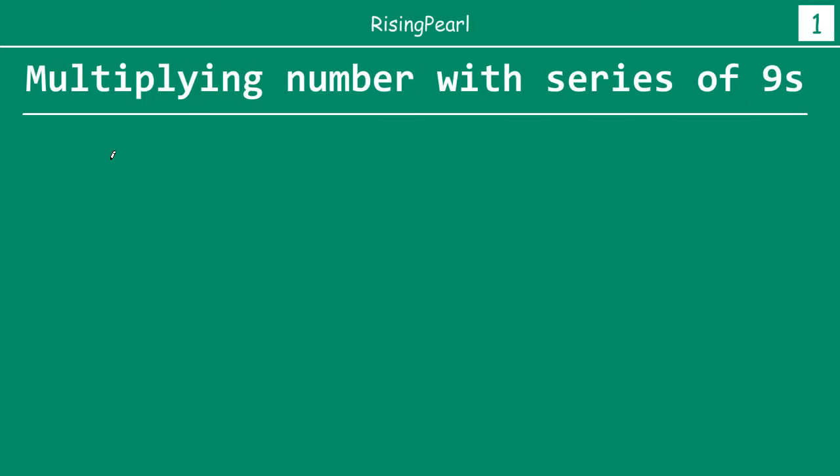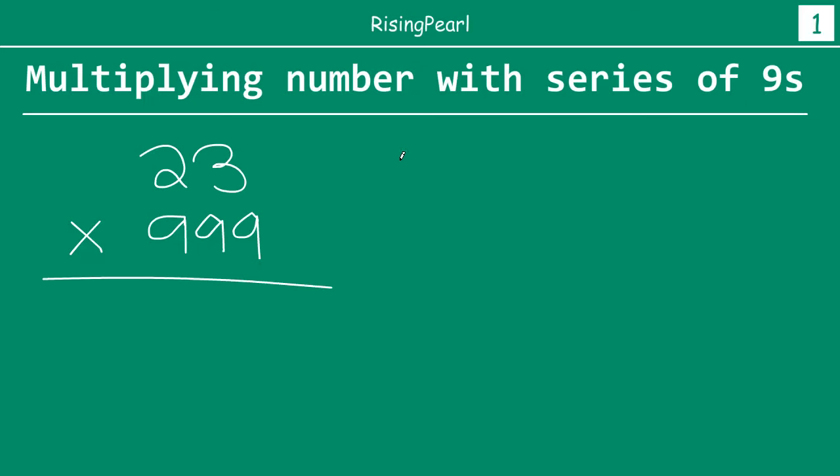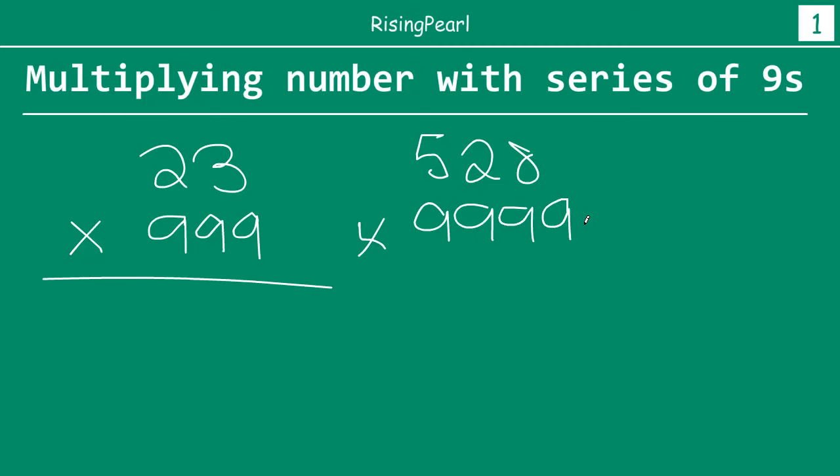Now today we are going to focus on what if you want to multiply something like 23 by 999, or something like 528 multiplied by 99999. The point I'm trying to make is, in this case, these are the random numbers.